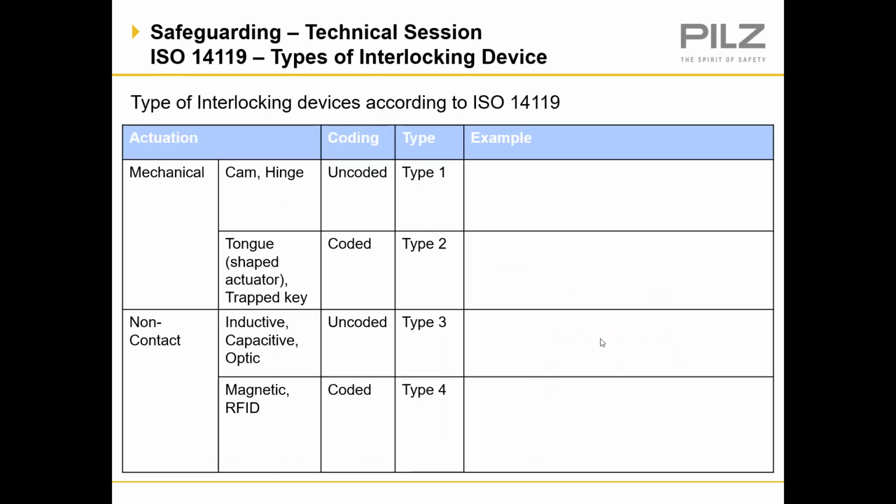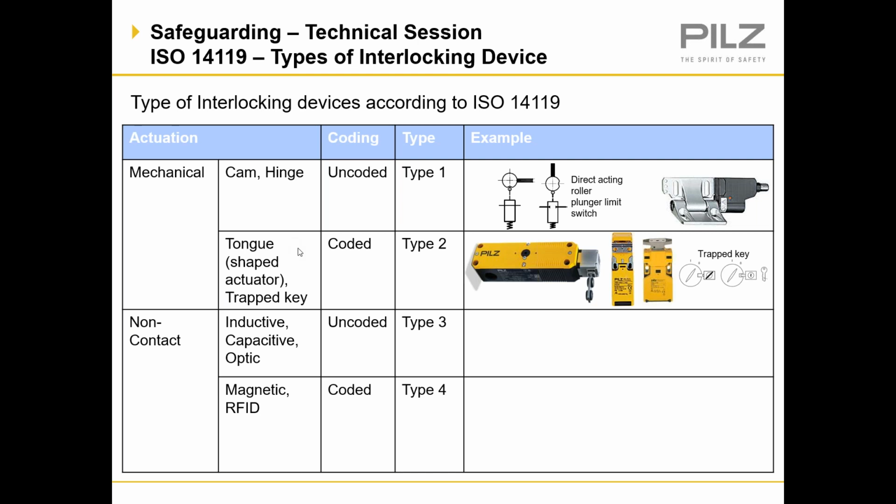So examples of this would be a mechanical cam or hinged interlock would be type 1. You can see an example here, and this is direct acting. So the force of the cam is acting directly on the plunger itself, which will activate the switch, and that will be the same case with the hinge in the hinge type. We have tongue-shaped actuators or trap key, and these are coded, and these are classed as type 2.